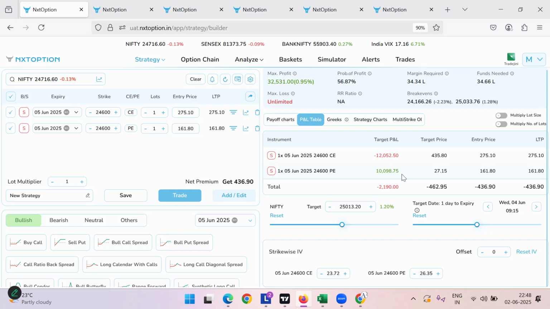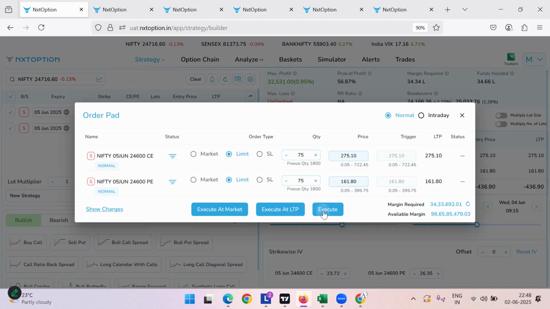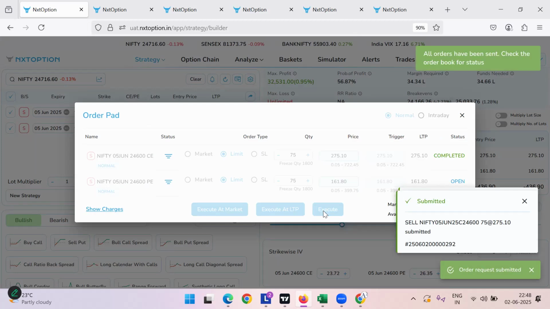So overall, you will have 10,000 gain here on the put and 12,000 loss on call. So 2,190 will be your loss. So you can do those kind of forecasting using this feature over here. And if you're happy with it, click on trade. Your trade will get executed.